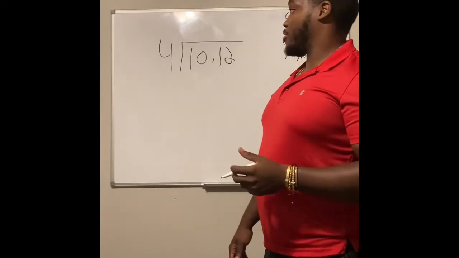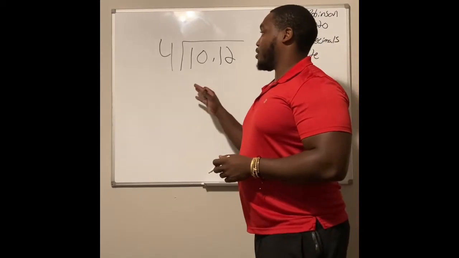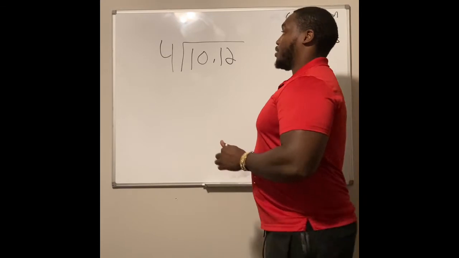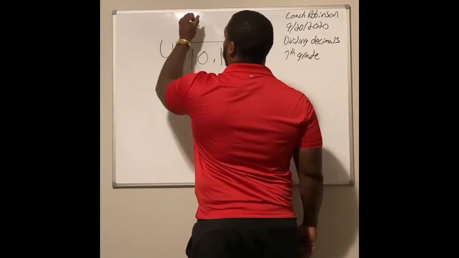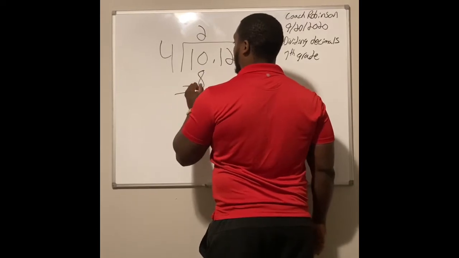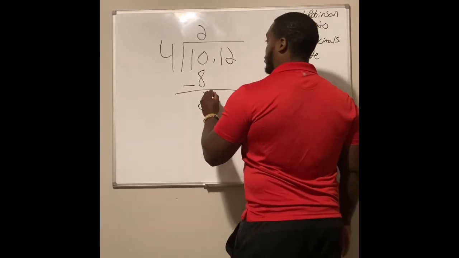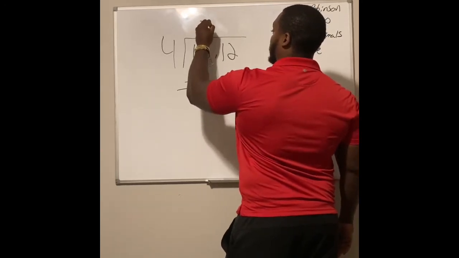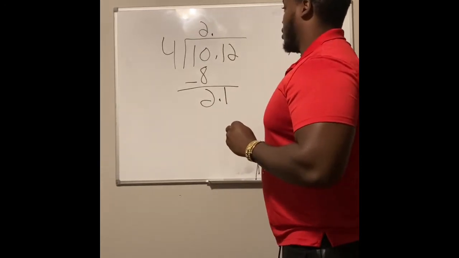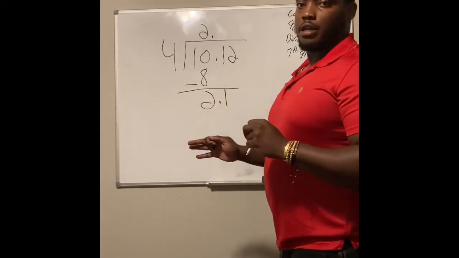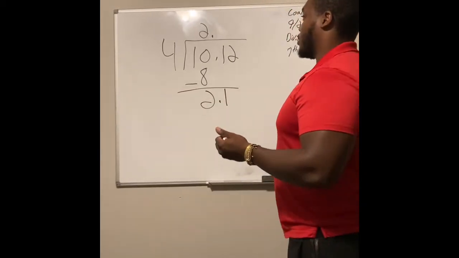So I'm going to show y'all another example. We're going to divide 4 into 10.12. So 4 can divide into 10. 2 times 4 is 8. Right? So that leaves us with 2. We're going to drop our decimal down. Okay? You want to add our decimal up top. Okay? So 4 goes into 20 5 times, because 4 times 5 is 20.